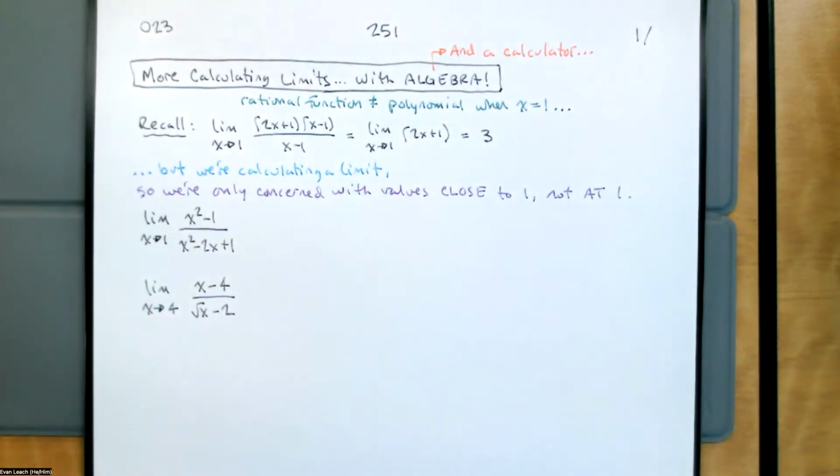We're only concerned with values close to 1, not at 1. That's why it's okay for us to just cancel out the x minus 1 and use the resulting polynomial to calculate the limit. The polynomial is continuous at x equals 1, so we just plug 1 into the polynomial.